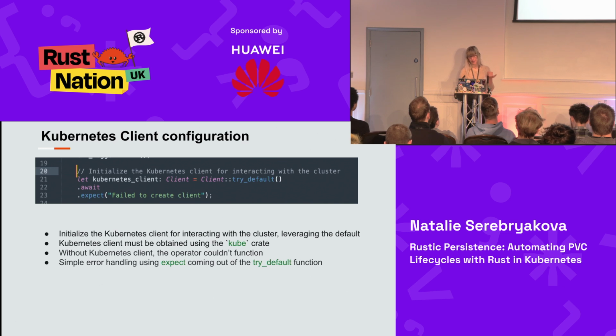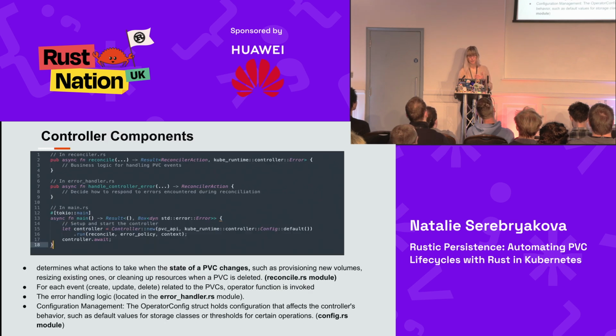It also has error handling. So for line 23, it will fail not only when you cannot access your cluster, it will also tell you, let's say, if the kube config is not there. So you can add pretty good error handling for the operator to report. And kube has logs that will easily be visible once your operator runs.